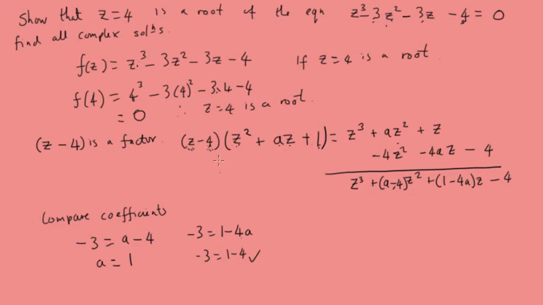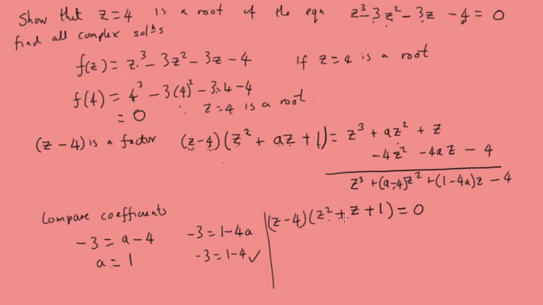So now we can substitute the a into this. So we've got z minus 4 times z squared plus z plus 1 equals 0.